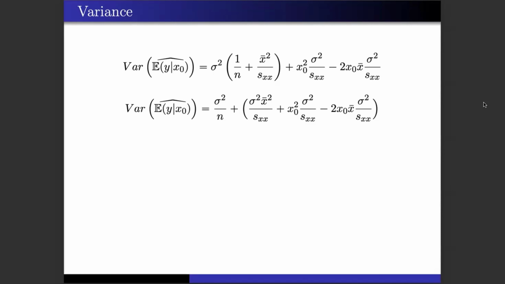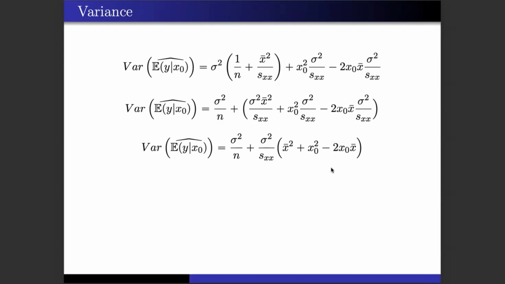In the next step, again, we write the first term sigma square divided by n as it is. And now the three terms which we grouped together, we factor out sigma square divided by sxx from there. And we get sigma square divided by sxx times x bar square plus x naught square minus 2 x naught x bar.